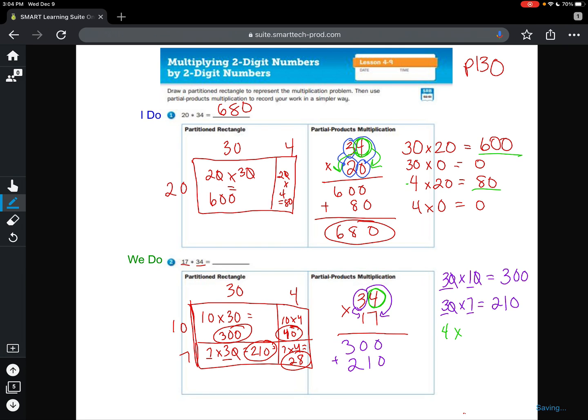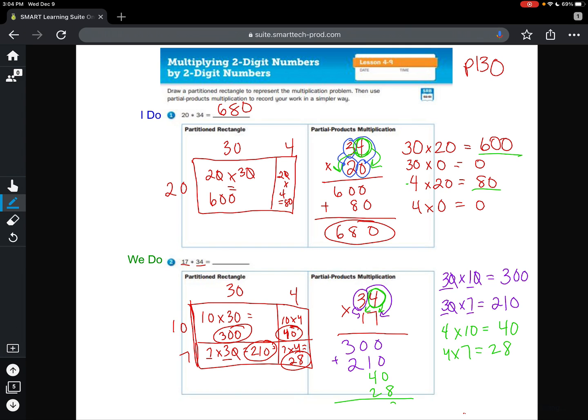This time I'm going to do 4 times 10. 4 times 10 gives me 40. And then I have 4 times 7, which gives me 28. So I'm going to add 40 and 28 down here.